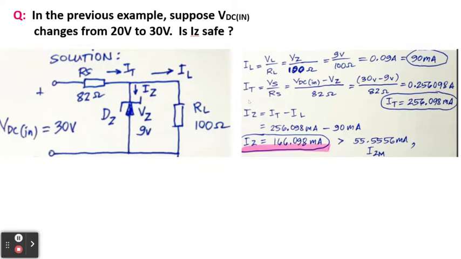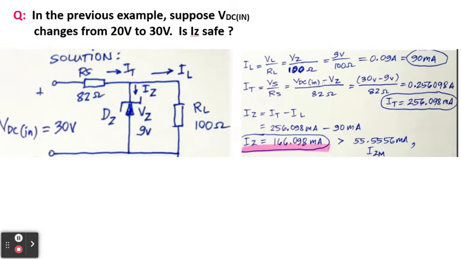For I total, by Ohm's law again, the V over R will become Vs over Rs, and this Vs is the voltage that we have on the RS. So the VRS will be the subtraction of VDC in minus the VZ.